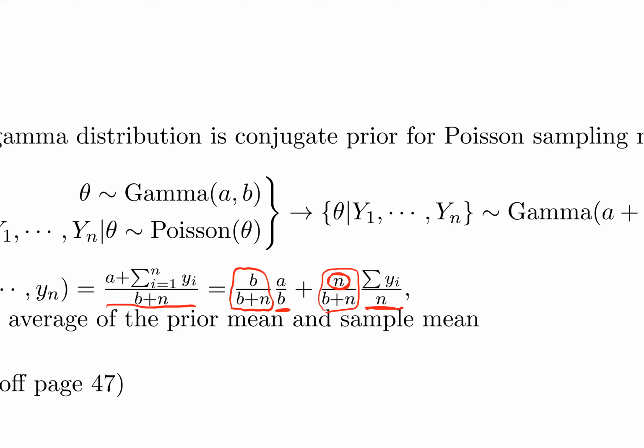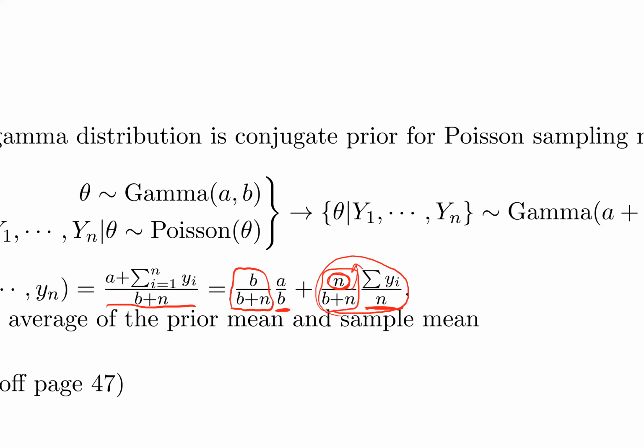So if you have a large sample and n is going up, then the second term, the sample mean, is going to dominate. That's another way to see how, with Bayesian inference, when you're dealing with a large sample size, you will be very data-driven.